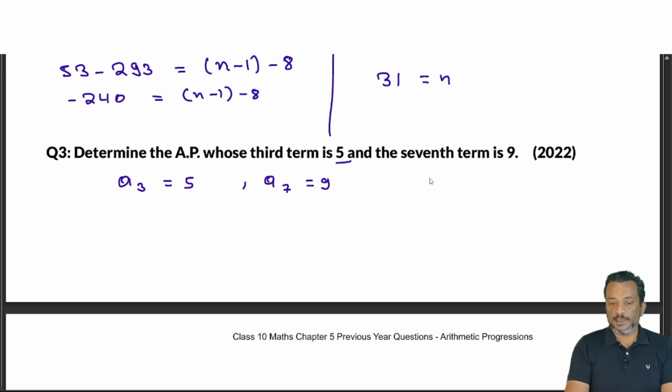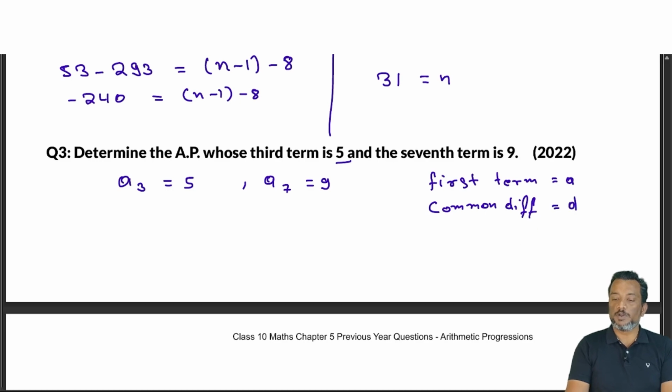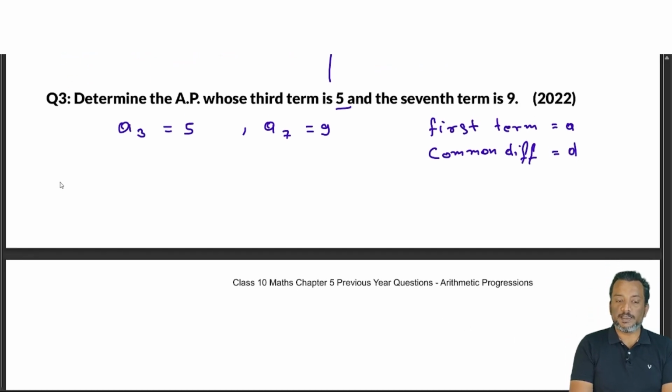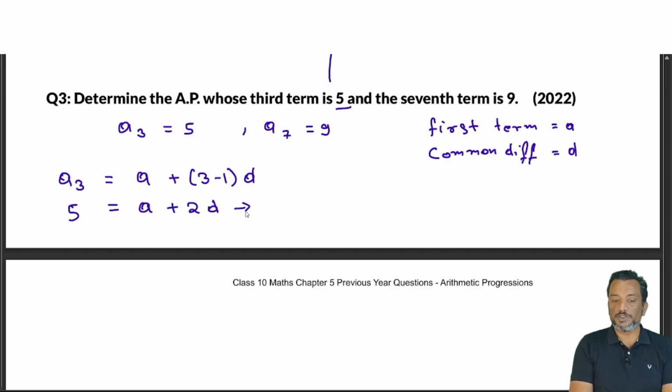Let the first term be A and the common difference be D. Based on that, A3 is equal to A plus 3 minus 1 times D. So you will get 5 is equal to A plus 2D. This is your first equation.